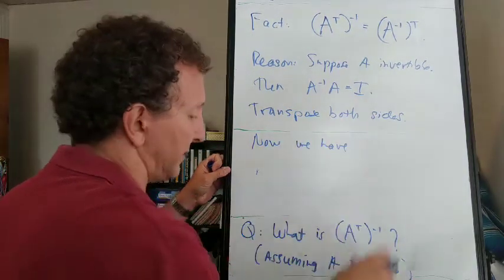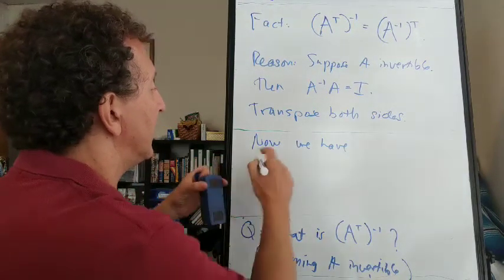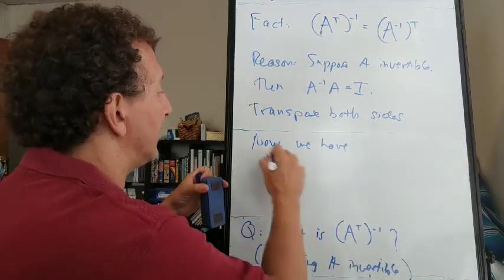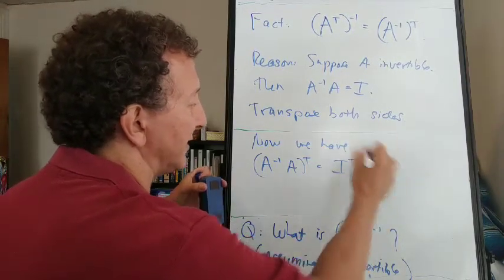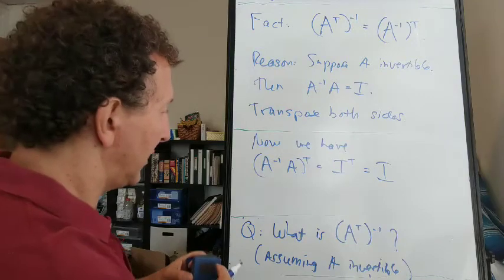Now we have A inverse A transpose equals I transpose, which is just I, because the identity matrix is its own transpose.